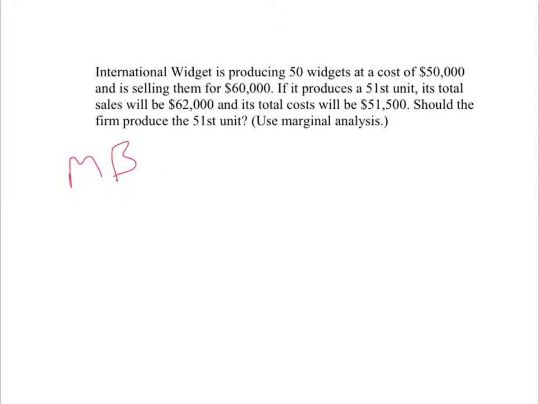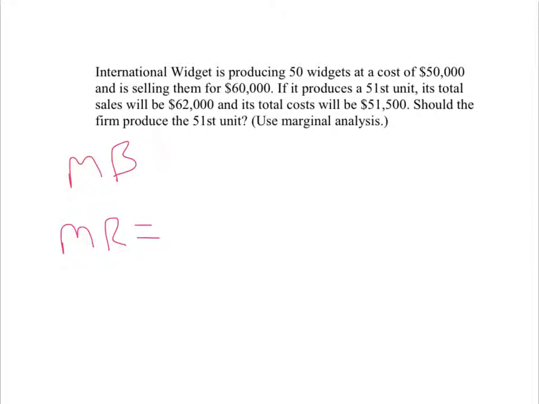Now, since we're talking production here, since we're looking at this from the standpoint of a firm, the marginal benefit of an extra unit is actually in terms of additional revenue. So we might just refer to this as the MR, or the marginal revenue. Well, what's the marginal revenue?